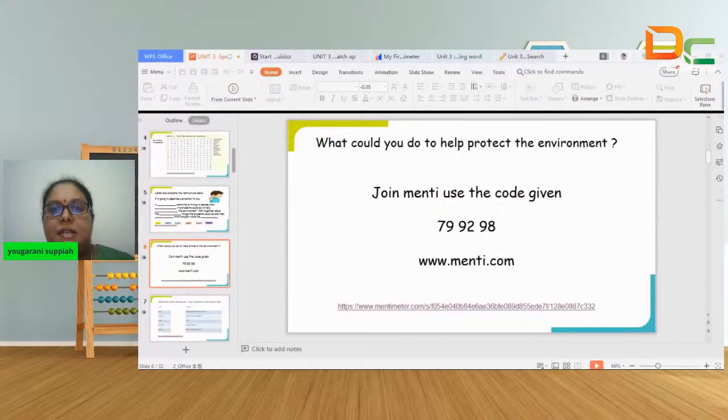Okay, this is from the textbook, Close Up B1. Now work in pairs and complete the exam task.